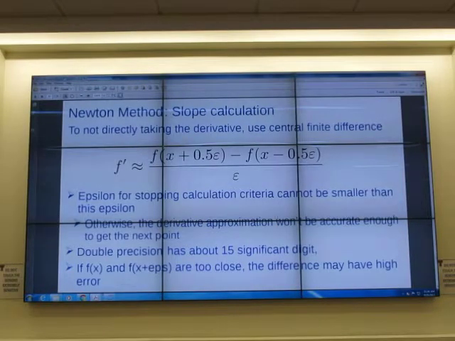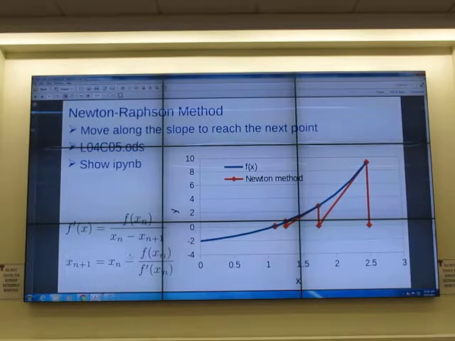All right, how do we get the slope? Any idea? In Newton's method, we need the slope, f prime. The slope is the difference between the y values over the difference between the x values, so delta y over delta x.